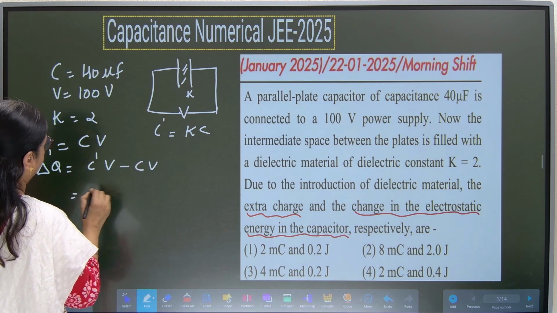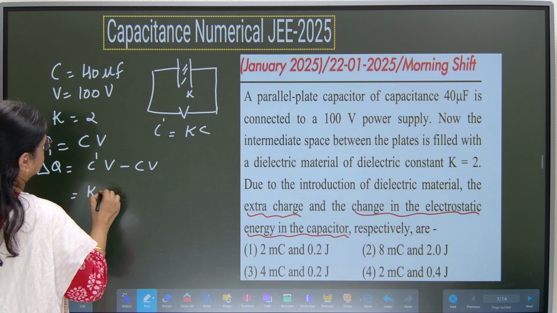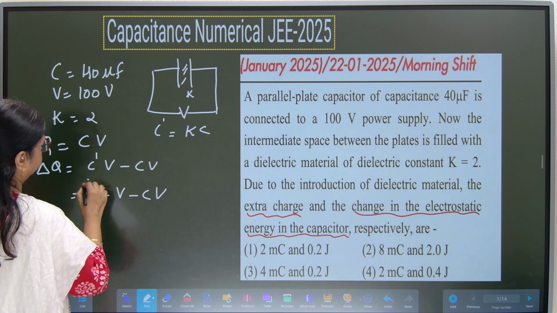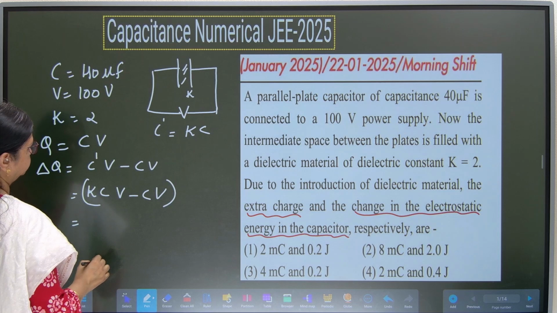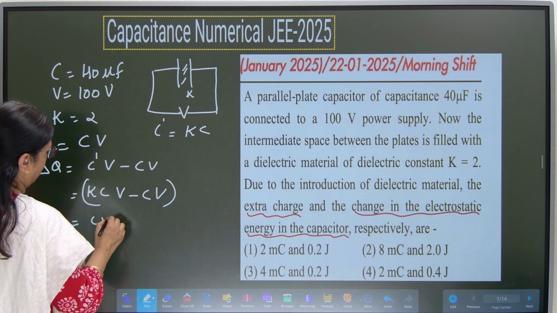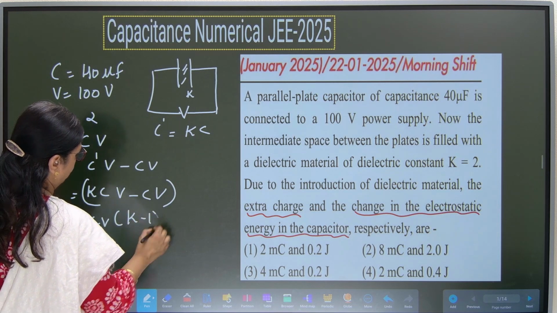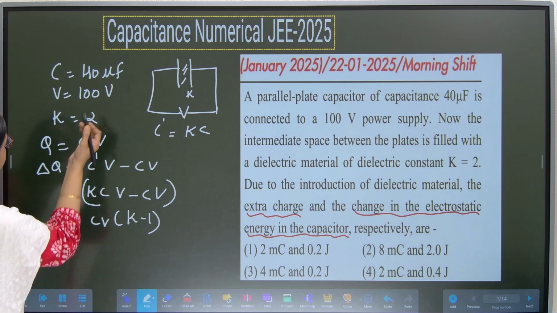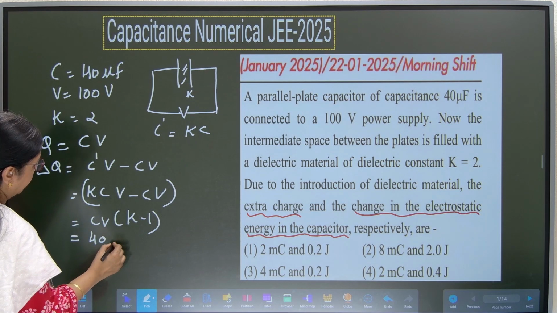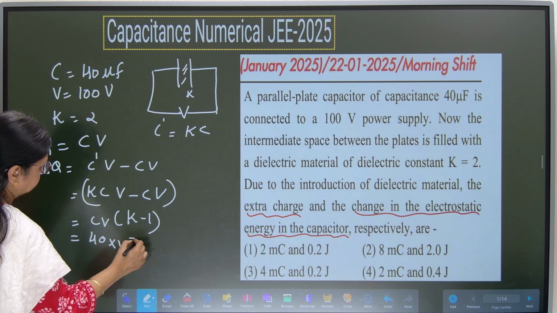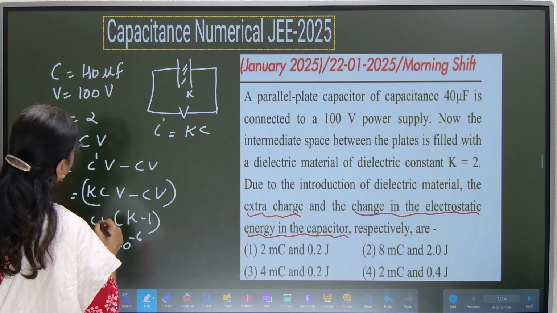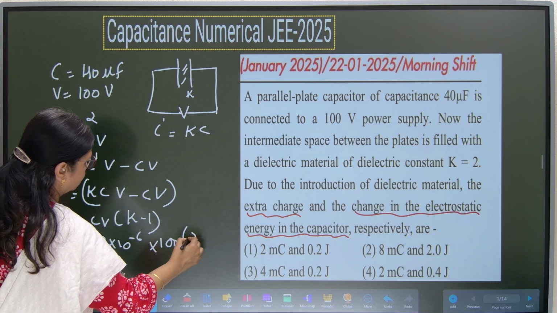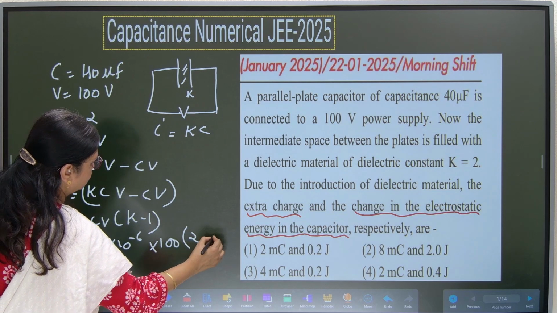So let us substitute that. What do we get? KCV minus CV. Taking CV common, we get K minus 1. So the change in the charge: C is 40 into 10 raised to minus 6 farad, V is 100, and K minus 1.